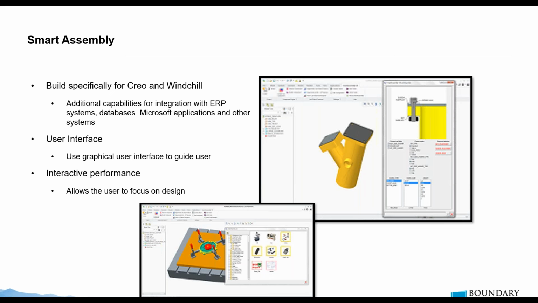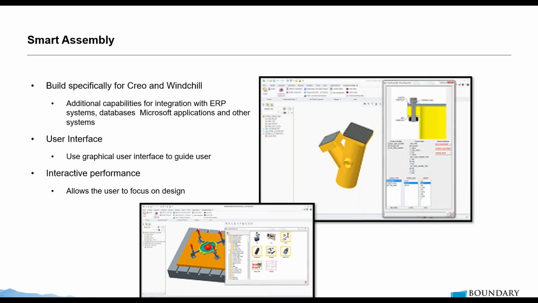We can work with Microsoft Excel, for instance. So those are all functions that are part of the smart assembly package. It's there to reuse information or drive the design process. There's so many different ways that you can use this.